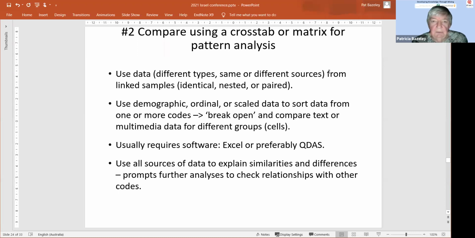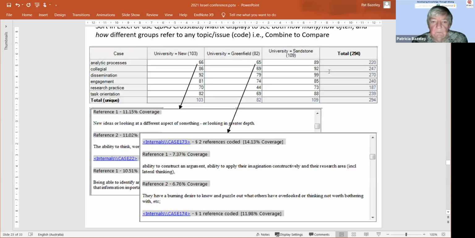That's just showing how data can be obtained, in that case using in vivo coding. But the differences might be demographic, as here again, but they could also be based on a scaled variable.